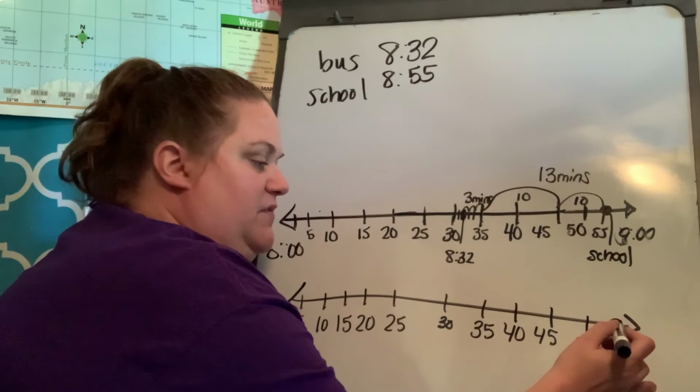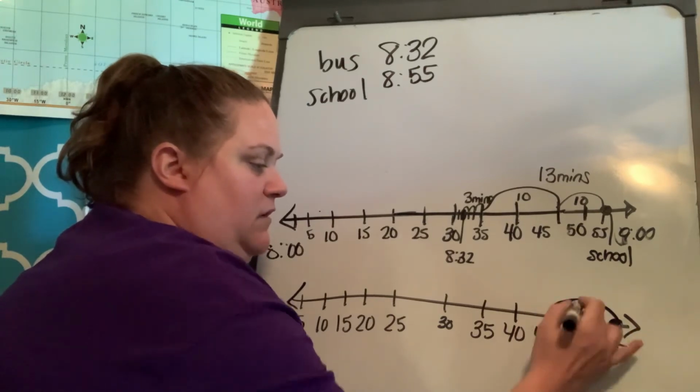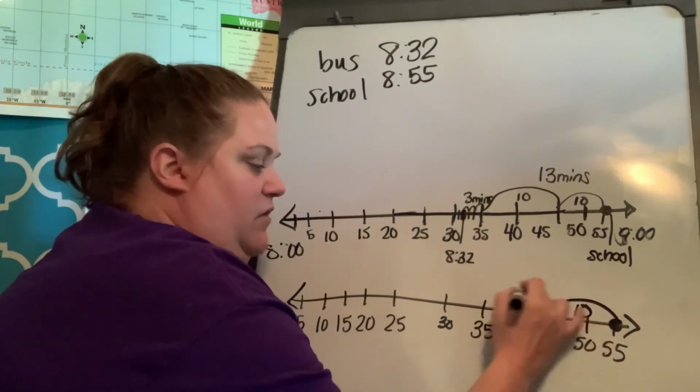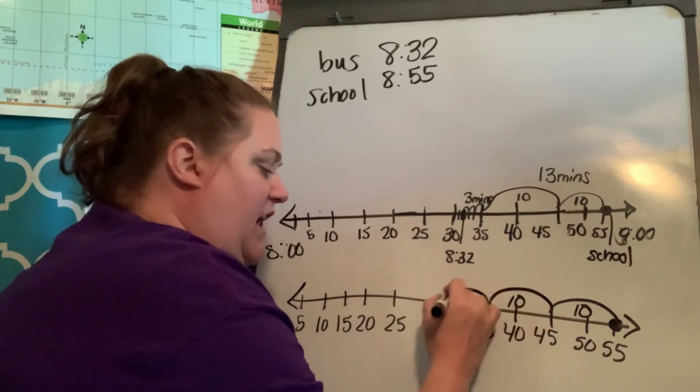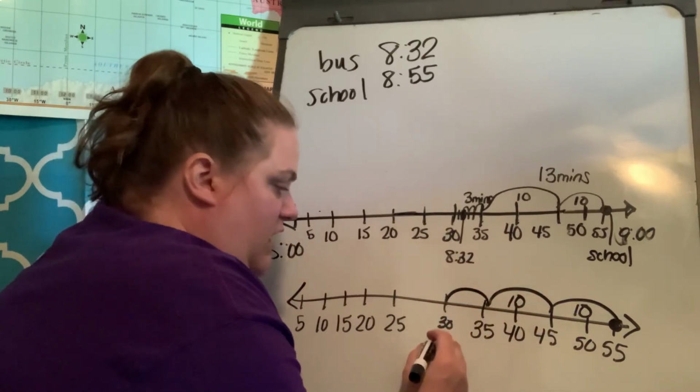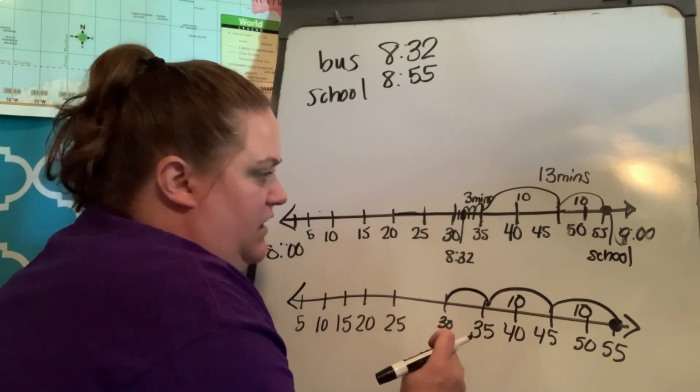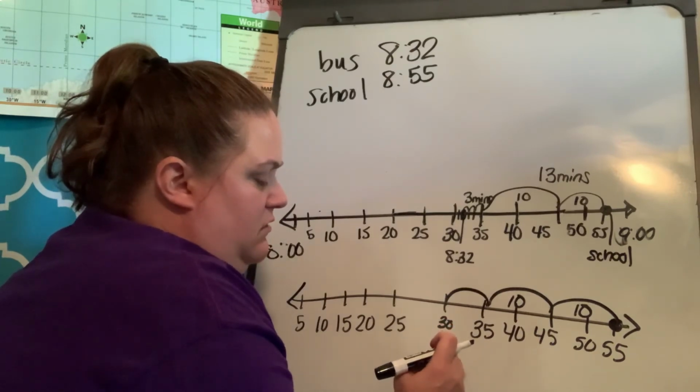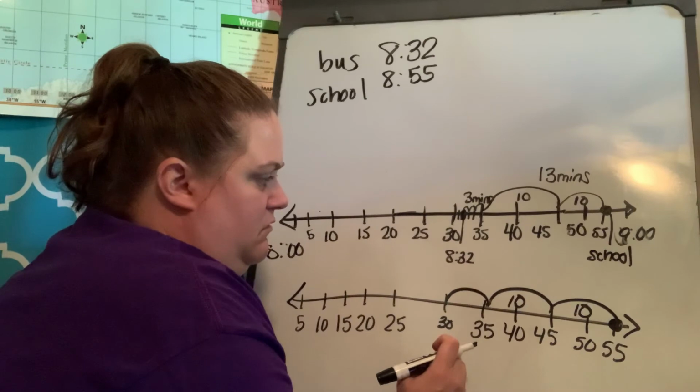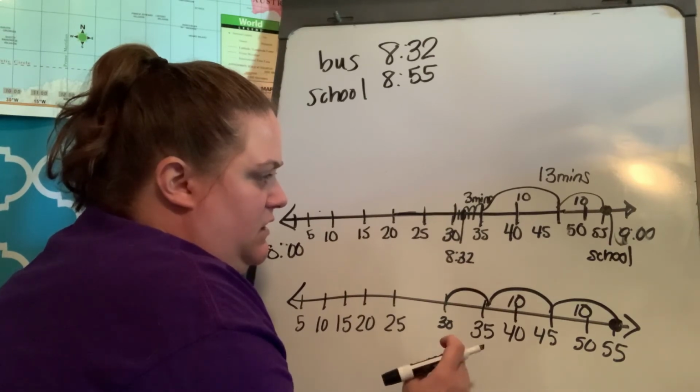So I'm going to do loops of 10. So there's 1 10. That's 10. That's another 10. That's 20. Now I'm going to do one jump of 5. Boom. So we know she gets on the bus at, that's not quite right.